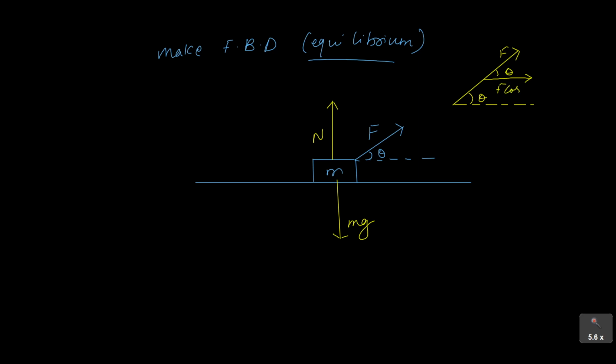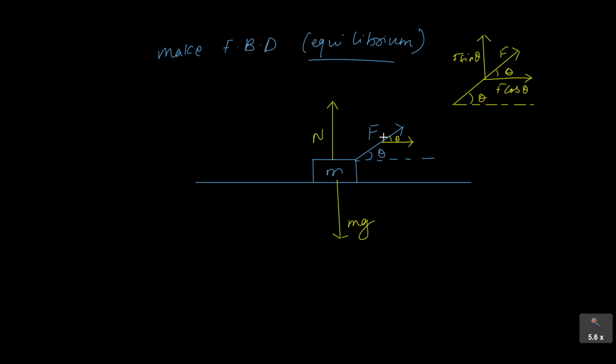So the x component will be given by F cos theta, and then in the y direction, which is perpendicular to F cos theta, it will be given by F sine theta. With the same knowledge, we are going to resolve the component of the force here. This will be acting in this direction, and this angle will be theta.